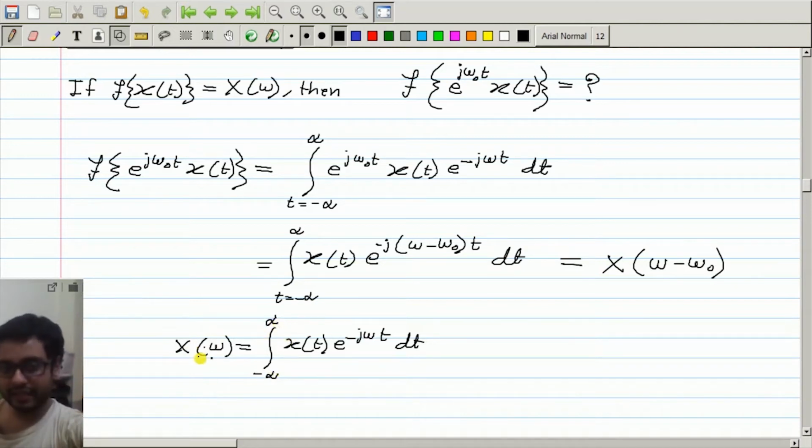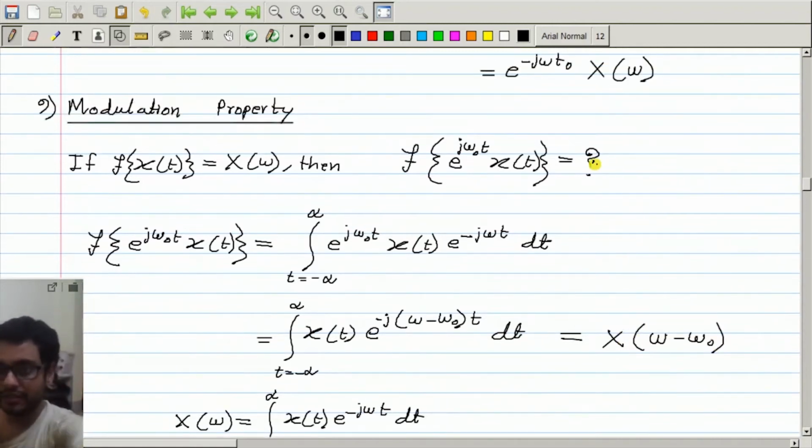Now here if you put in place of omega, omega minus omega naught, then here also you have to put in place of omega, omega minus omega naught, and then that is exactly what we have here. So this is capital X of omega minus omega naught, and this is the answer.